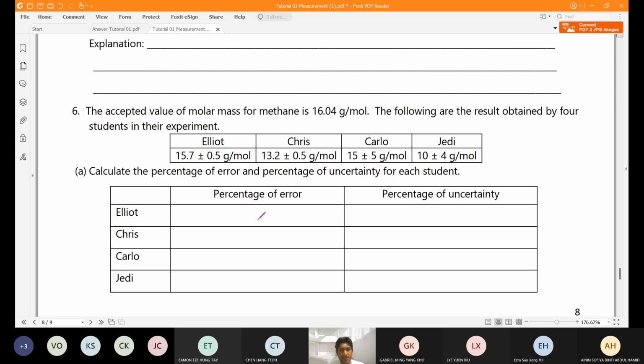Percentage of error. How do we get the percentage of error? That is the true value minus the experimental value, divided by the true value.